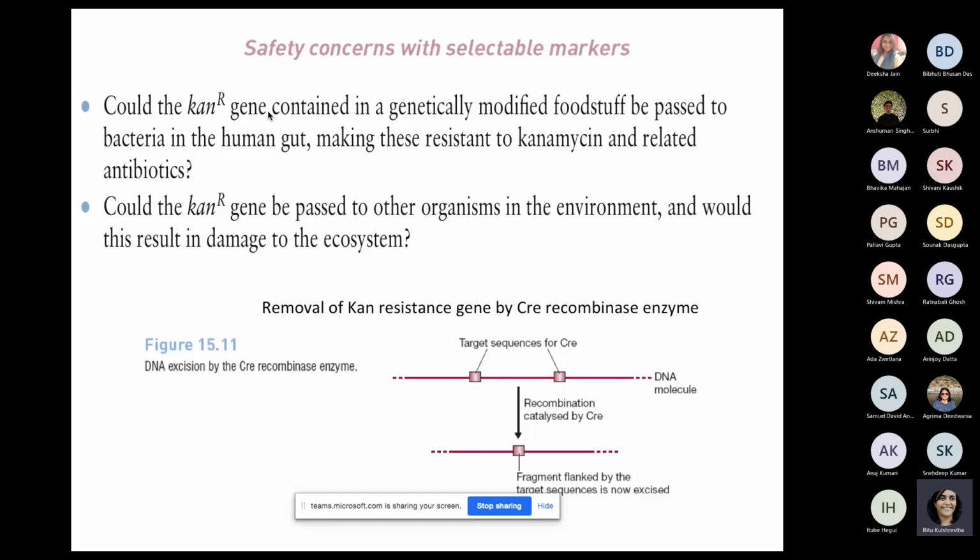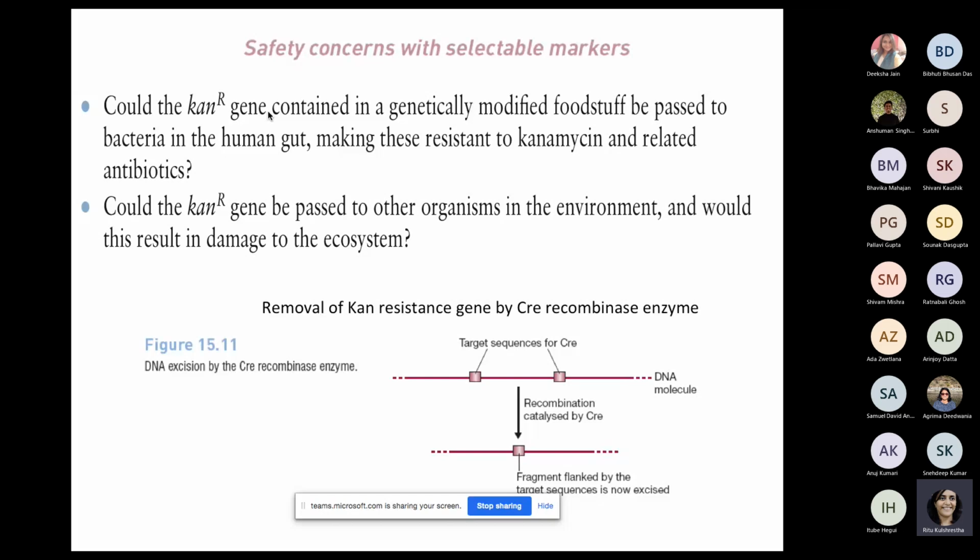Could it be that the kanamycin gene goes inside the human body? Does the kanamycin resistance gene by itself cause any problem, whether humans will be allergic to it and all. So one is what effect it will have on human health.